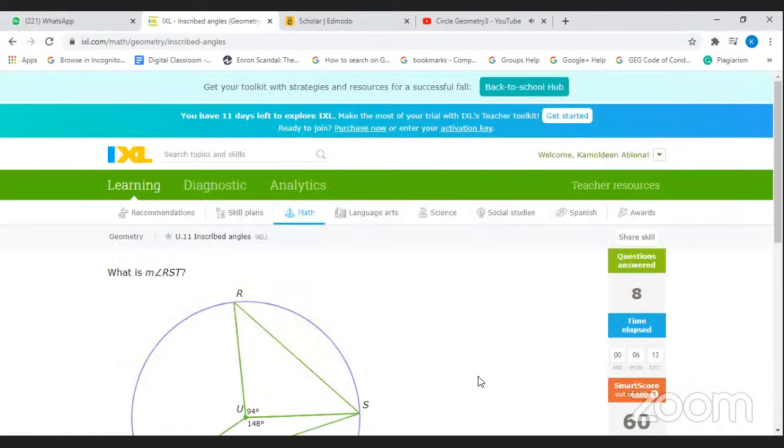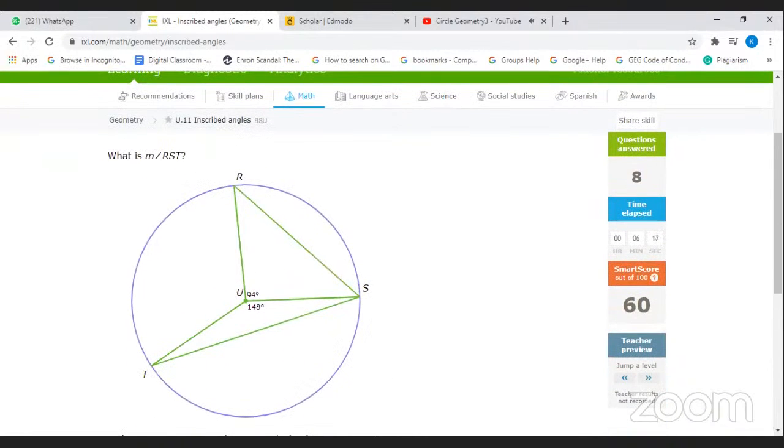So let's see this one too. Here we are still looking for RST. It's still in the same manner. Find the remaining one. You need to find this. If you add this and this together, you have 242.